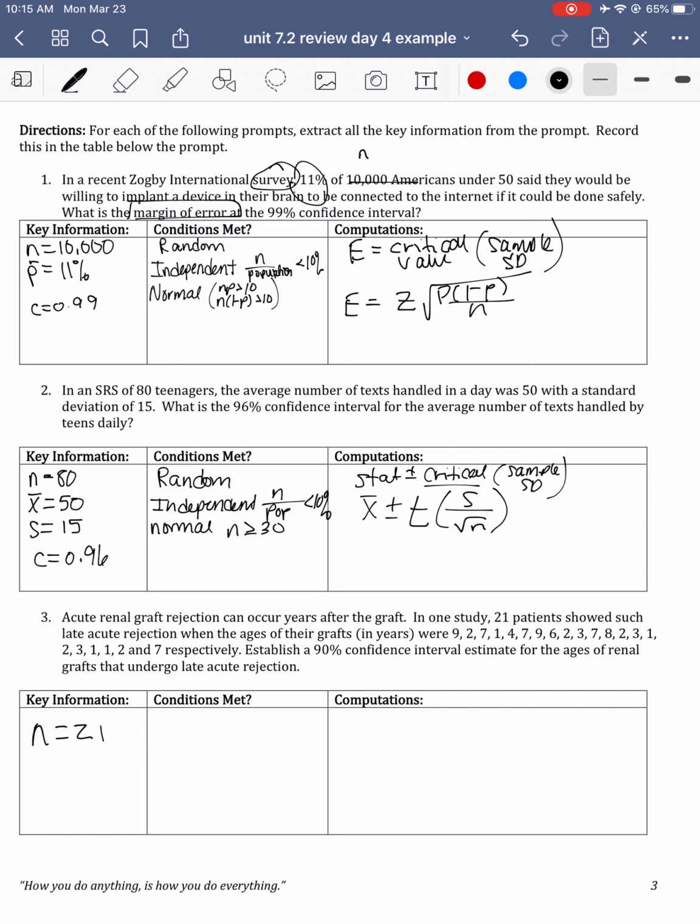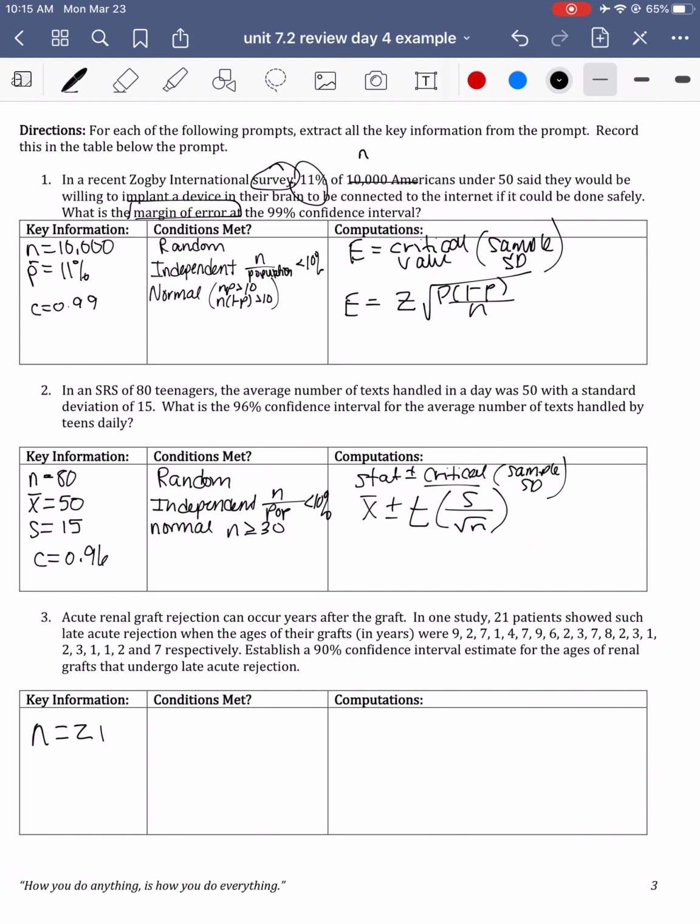Now that I've narrowed that down, I need to determine how I am going to find the information that I need. I know that I need a mean and a standard deviation, but how am I going to find that? I want you to pause the video and think about how you would find this information.